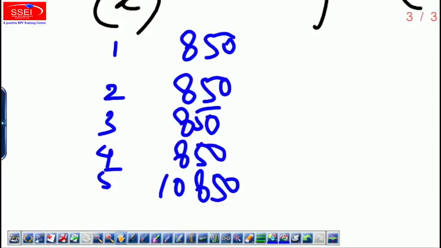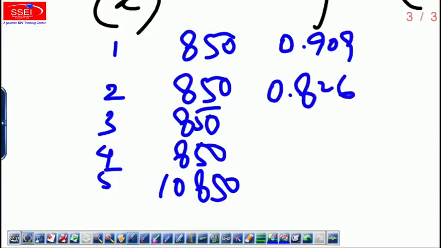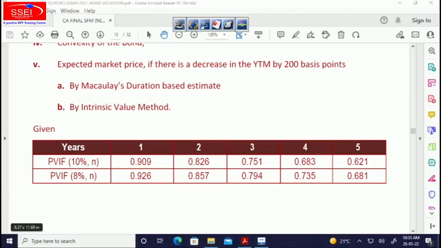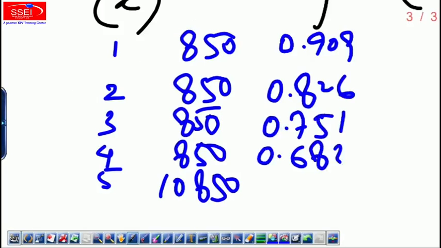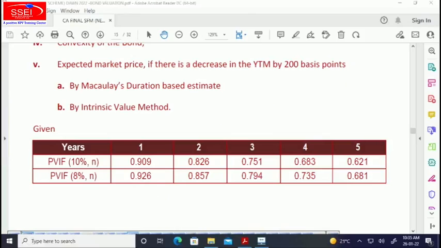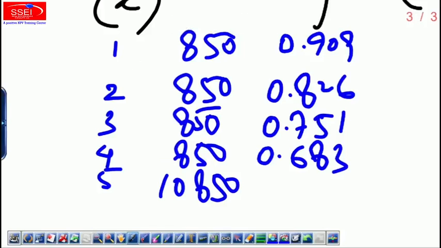0.909, 0.826, 0.751, 0.683, and the last discounting factor is 0.621.